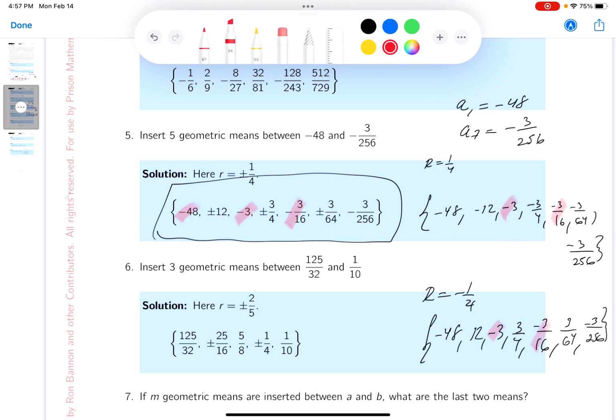These are going to be the same, and these are going to be the same. What's alternating? The 12, the 3/4, and the 3/64 is alternating as well. All right? So I like the compact form. It looks neater. It's easier to write down, yada, yada, yada.